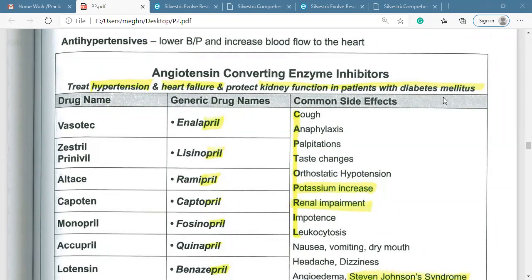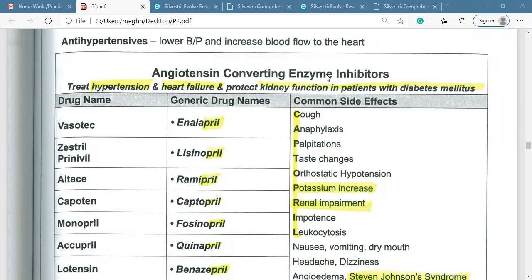So one category of antihypertensive is called angiotensin converting enzyme inhibitor, shortly called ACE, right?